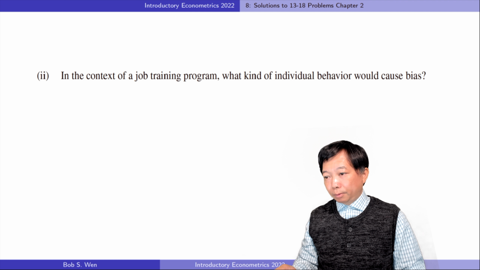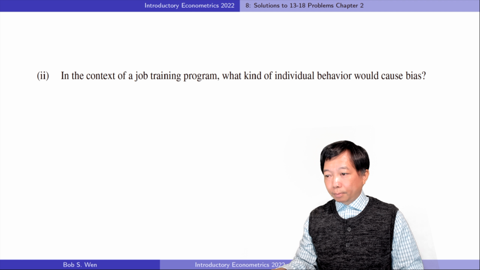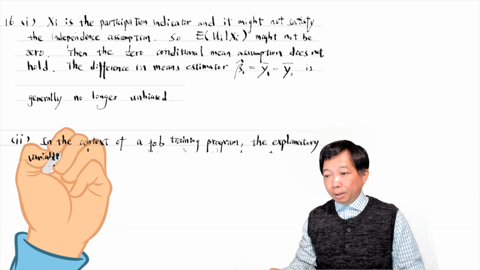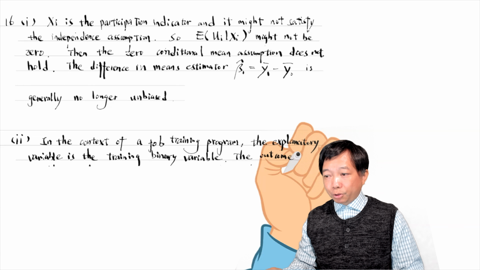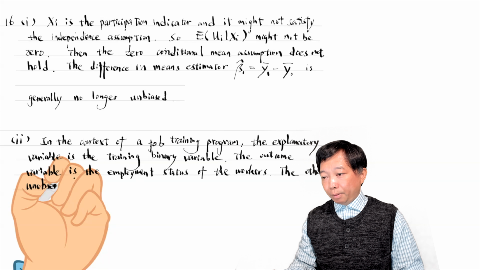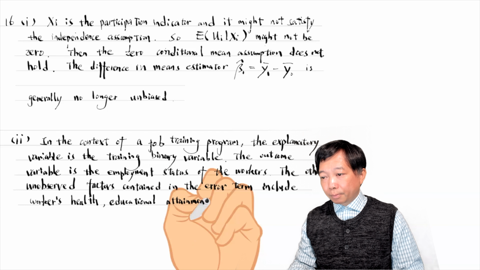The second question: in the context of a job training program, what kind of individual behavior would cause bias? In the context of a job training program, the explanatory variable is the training binary variable. The outcome variable is the employment status of the workers.